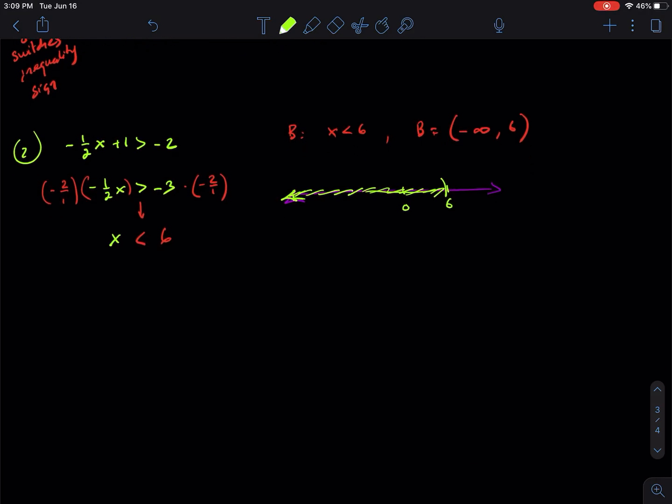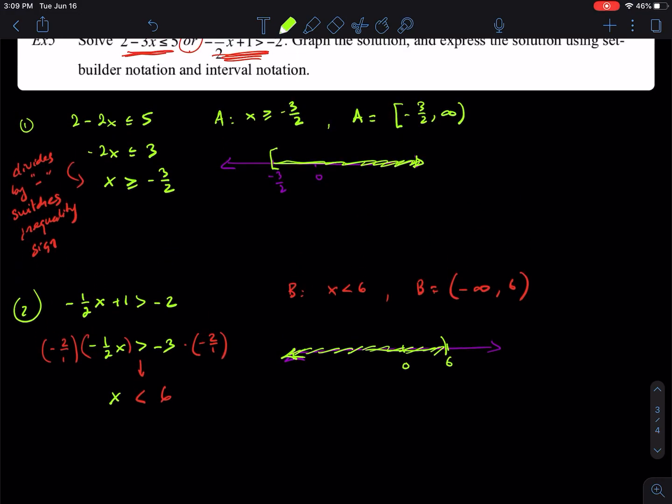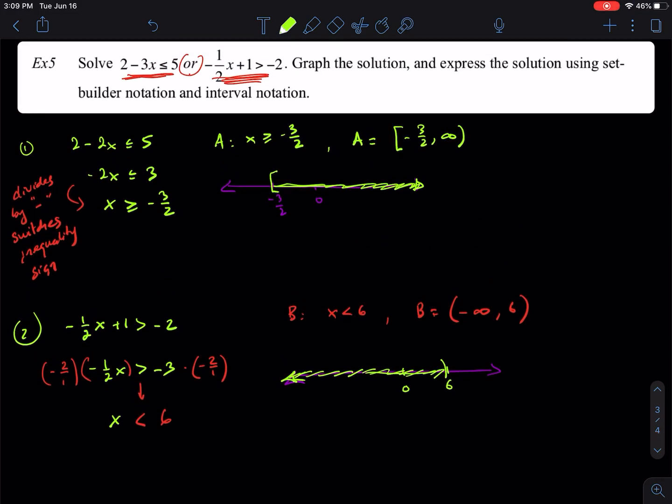All right, so now we want to solve the OR statement.